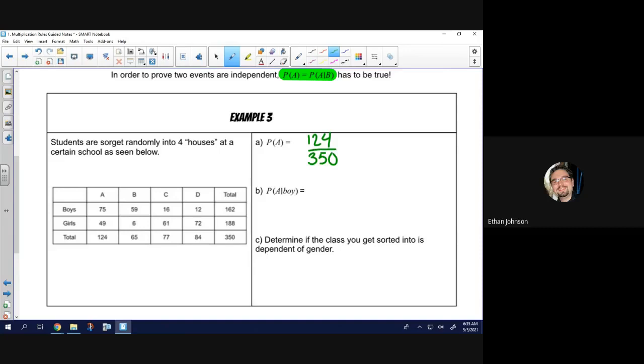And now we have a conditional, in our first conditional. It says probability of A given they're a boy. So because of that conditional, the only thing we care about is the boys. So how many boys then are in house A? Well, 75. Out of our total boys, 162.